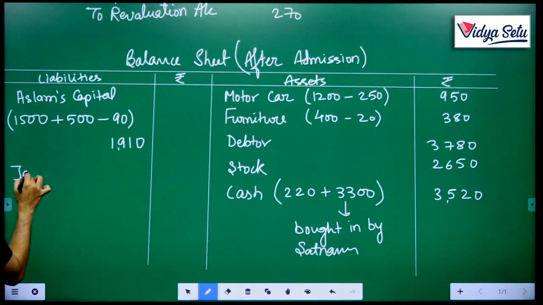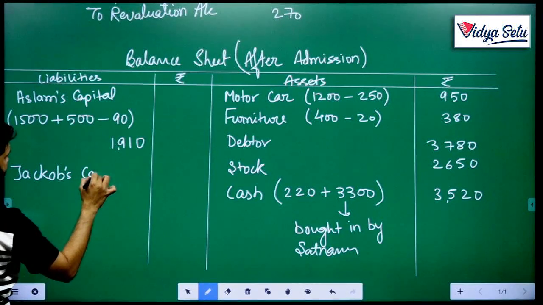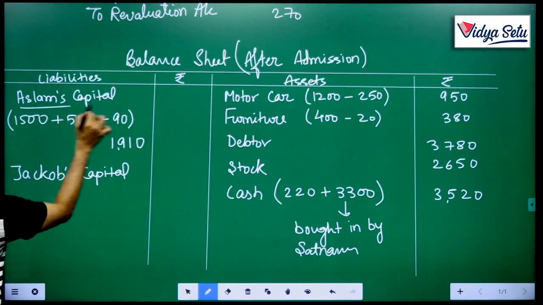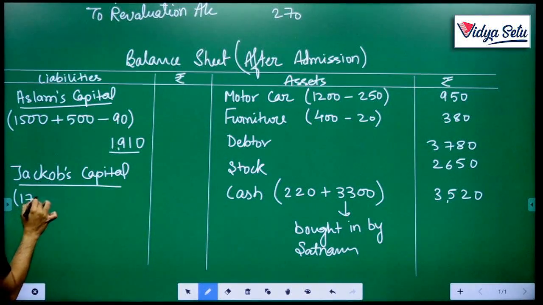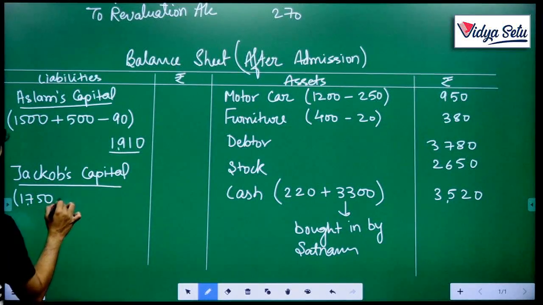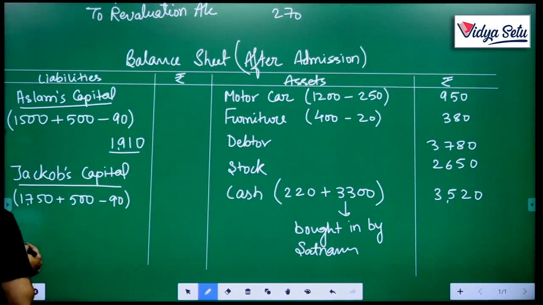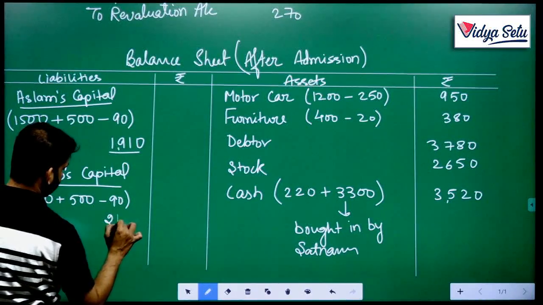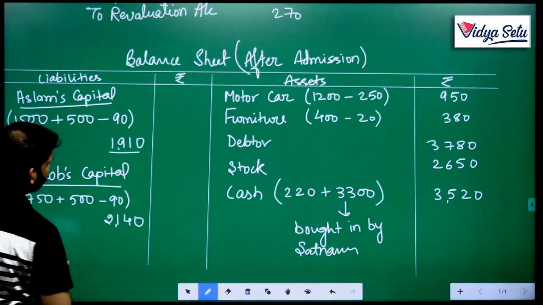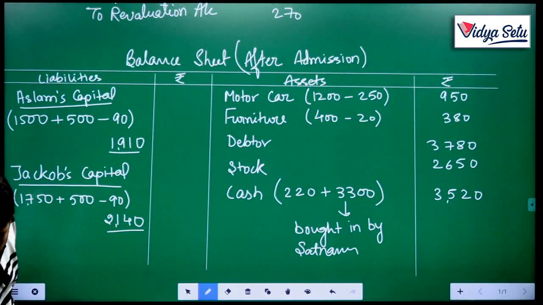Then Jacob's capital was 1750 plus 500 he also got for his share of goodwill, and 90 minus. So I guess 2140, let me check. 1750 plus 500 minus 90, 2160, sorry.